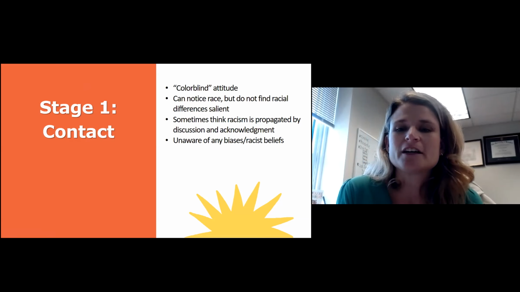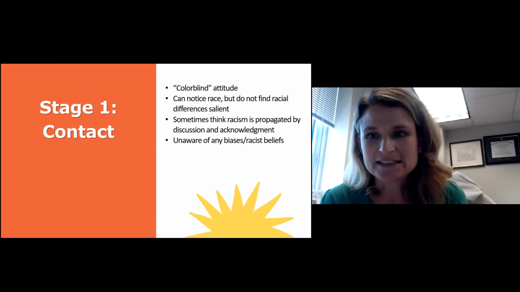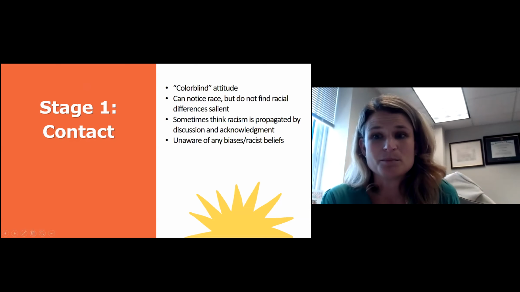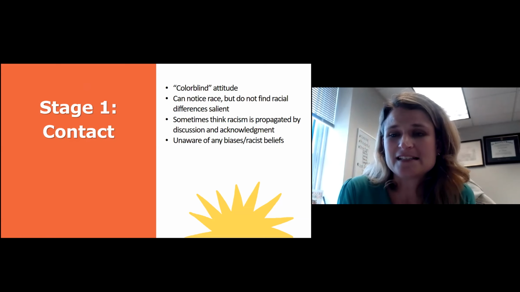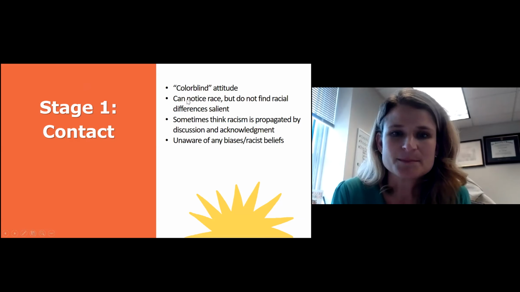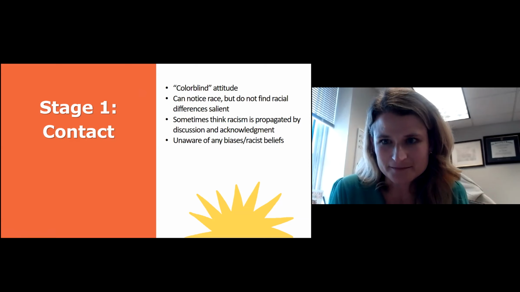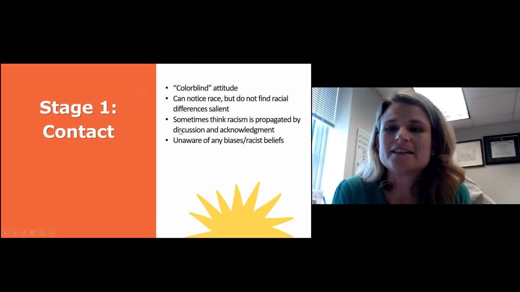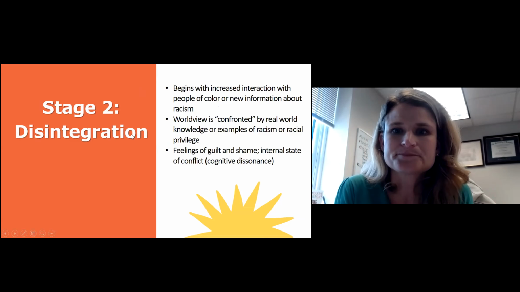So they're experiencing all of those social messages and unconscious biases, but not being aware of it, not being aware of their own biases. And oftentimes in this phase, people will actually think that racism is propagated because people are discussing and acknowledging it, the idea that talking about it is causing the problem. That's stage 1, which in a way is a type of oblivion, or not really knowing what's going on.